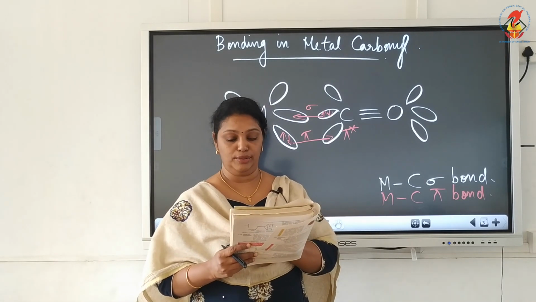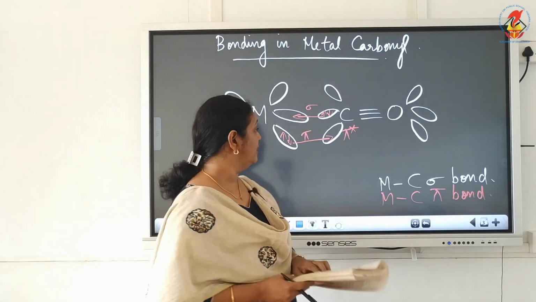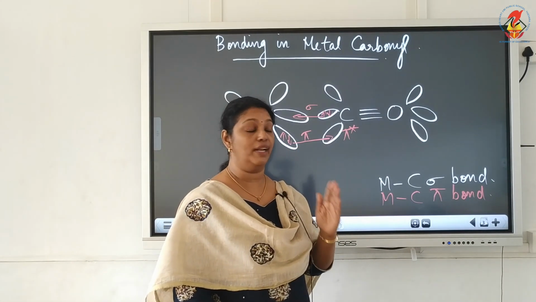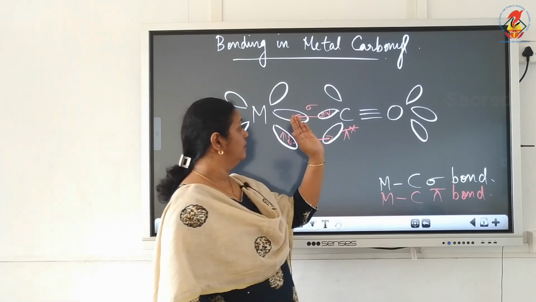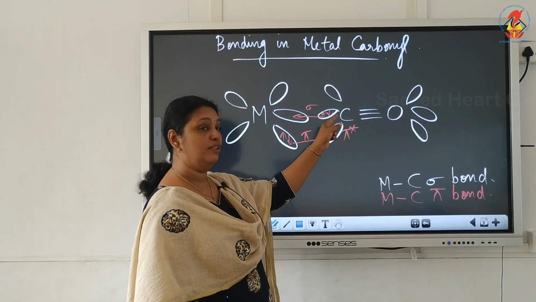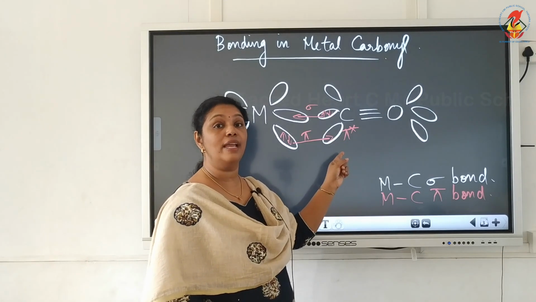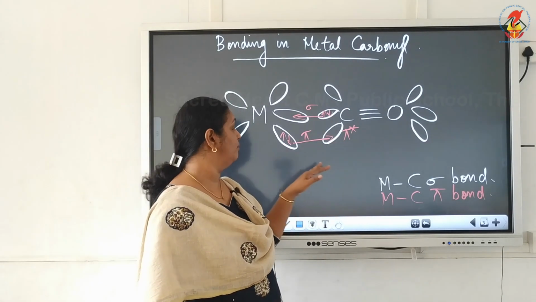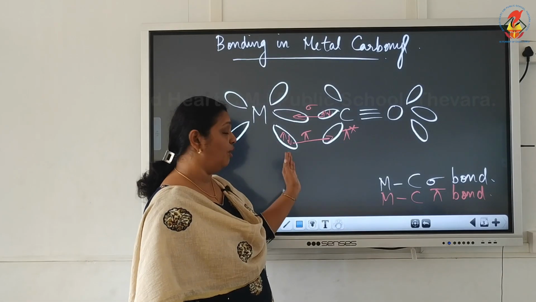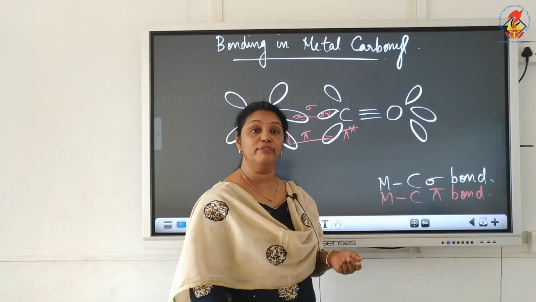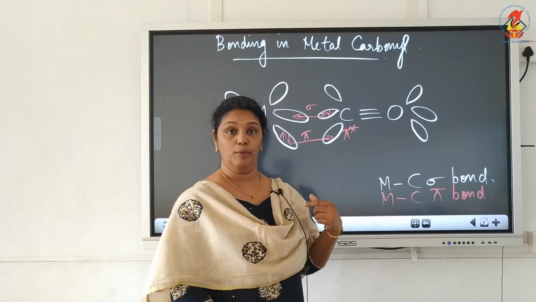And we can see that here there is back bonding, meaning there is donation of electrons from the orbital of carbon to the d orbital of the metal, which forms a sigma bond. At the same time, there is donation of electrons from the d orbital of the metal to the vacant pi star or anti-bonding orbital of carbon. This is called back bonding.